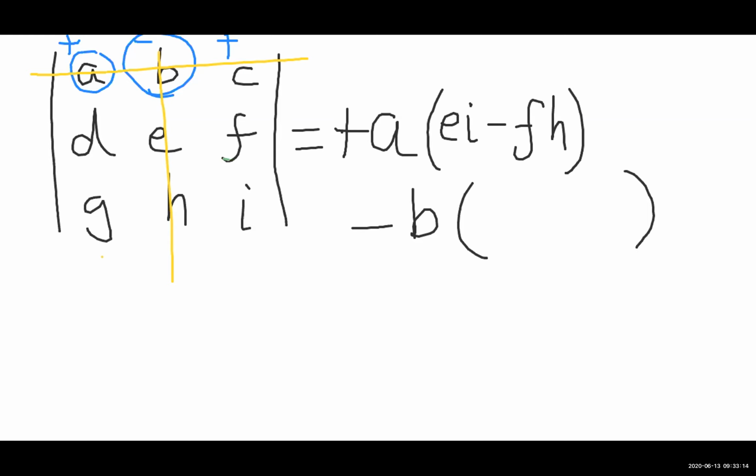Then you will end up with again 4 elements, which are the 4 entries of a 2 by 2 determinant. And again you go to the top left hand corner of this, cross multiply, again cross multiply and subtract.